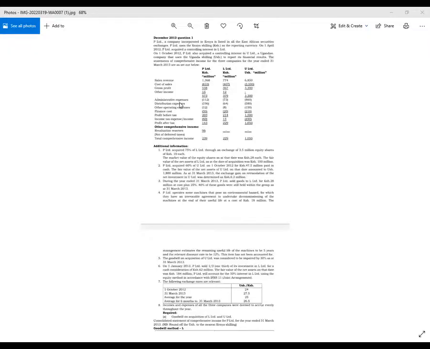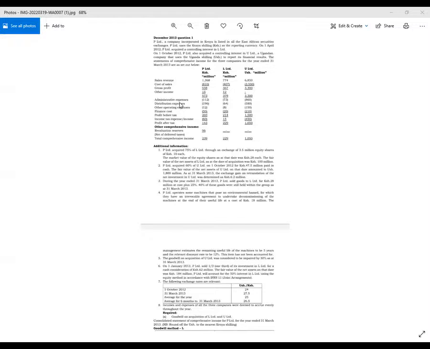We have 112 plus 73 times 9/12, plus the other Ugandan subsidiary.